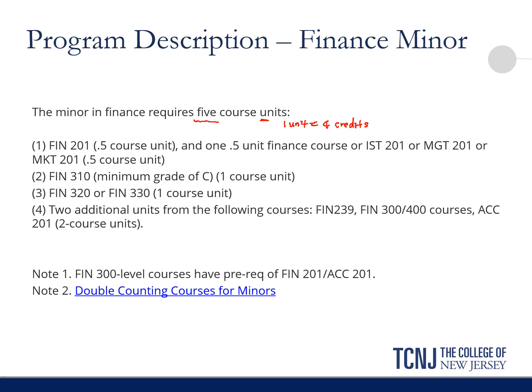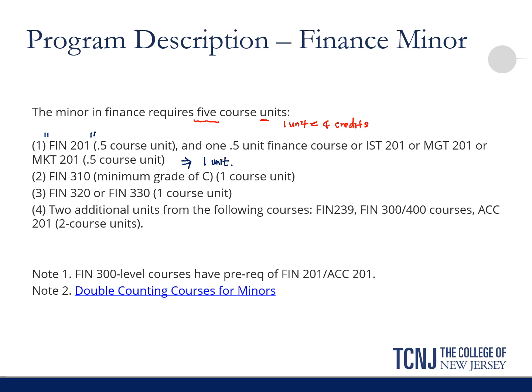Finance 101 along with other finance half unit courses, or IC 201, Management 201, Marketing 201 will count as 1 unit. In other words, any combination of the first item, along with Finance 201 being the required one, will count as 1 combined unit.